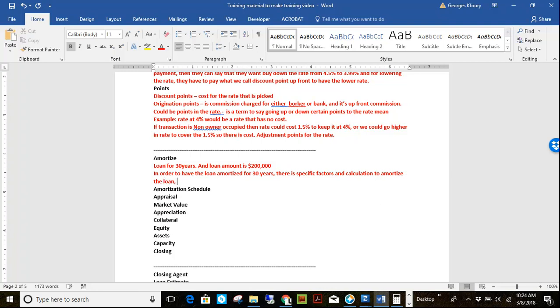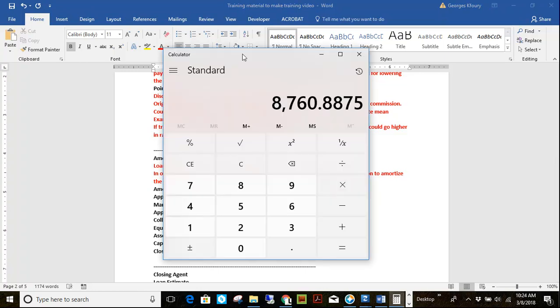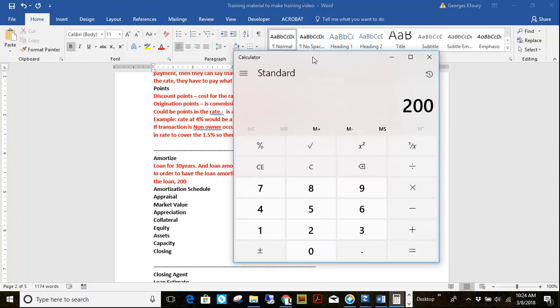What I mean is, we can't say 200,000 divided by 360 months, which is 30 years, and that would be the amount that goes every month toward the principal. It doesn't work like that.